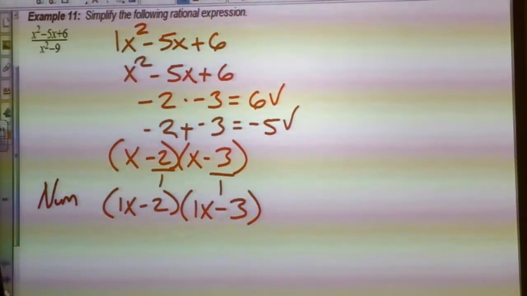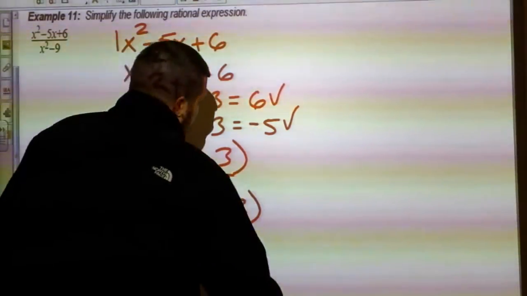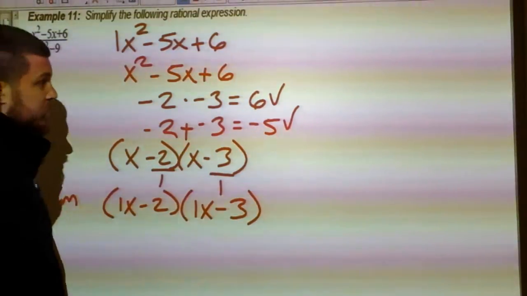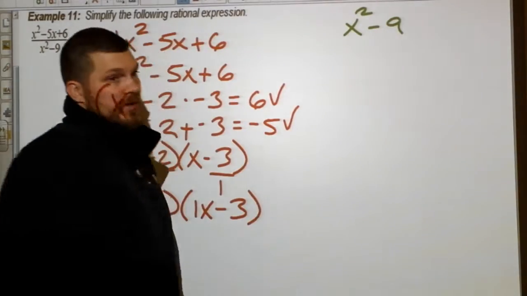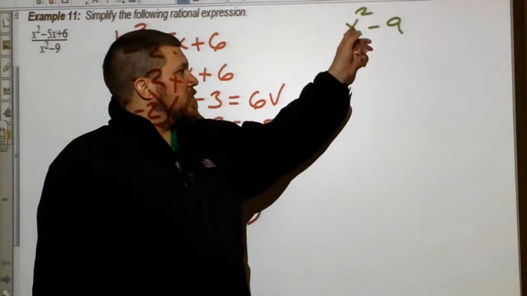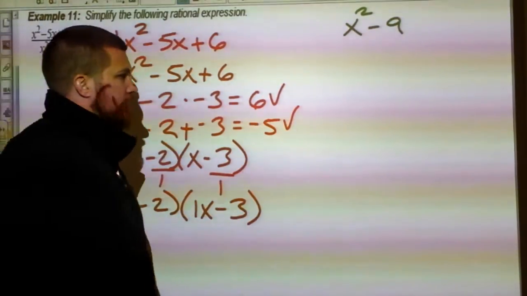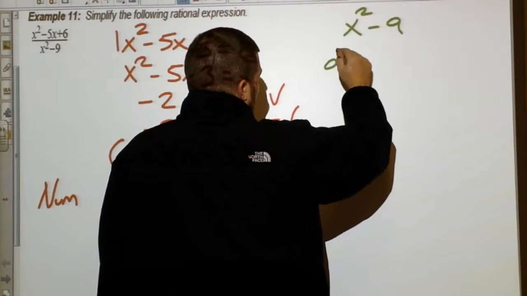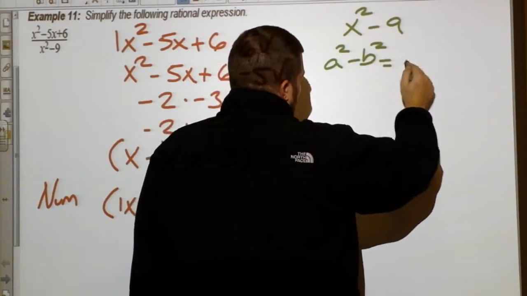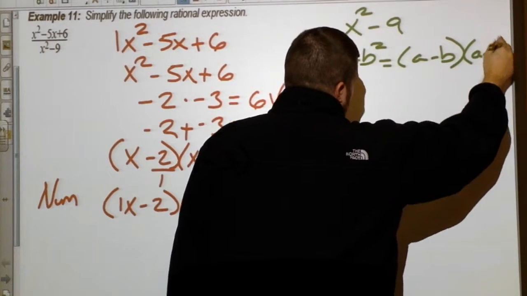I'm just going to put that there just to let me know I'm done with that piece of scratch work for now. Now we'll do some scratch work for my denominator, the bottom piece. So I have x squared minus 9 in my denominator, and I'm going to factor that. Two pieces of square terms, difference in the middle, so that's got to be difference of two squares. So remember, difference of two squares simply factored into a squared minus b squared became a minus b, a plus b.